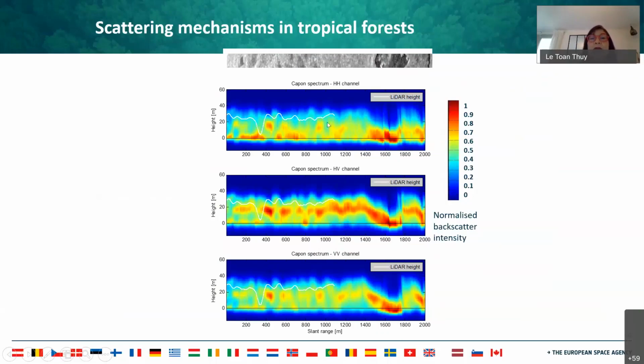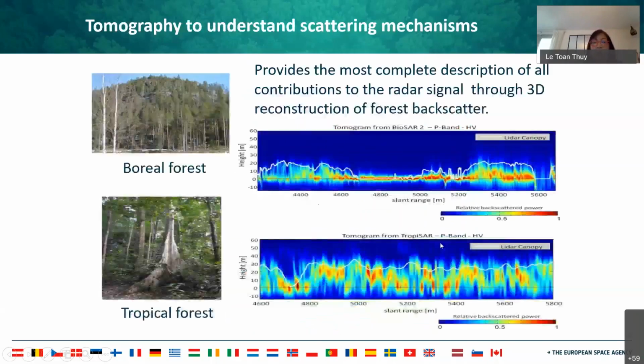And here we just simulate the 6 megahertz bandwidth of BIOMASS, and we degrade the tomogram. And here we can see the domination here: VV, HV, and HH.